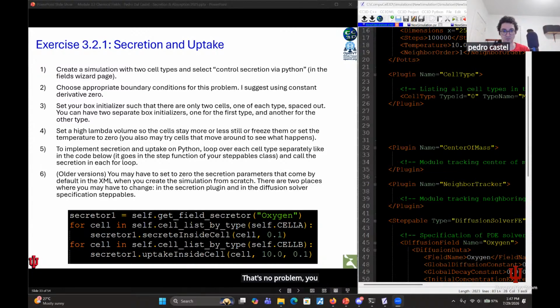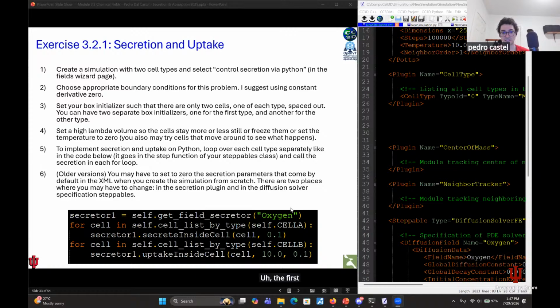You don't need to use Python here, because XML already provides everything you need for this particular exercise. But if you want to practice the pure Python implementation of secretion, then you select control secretion via Python. If you do that, this piece of code will be relevant for the exercise.